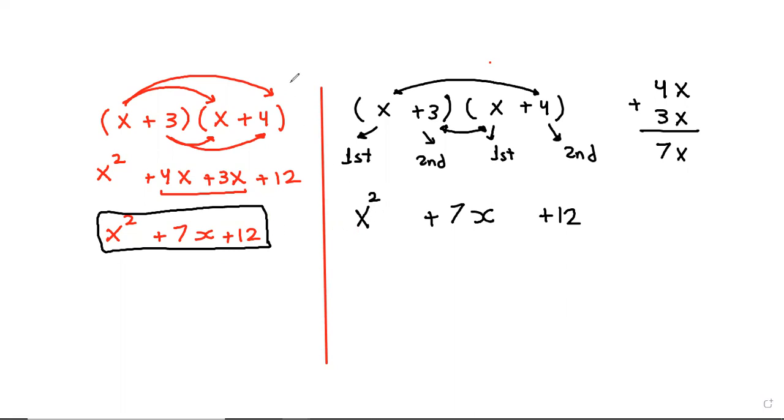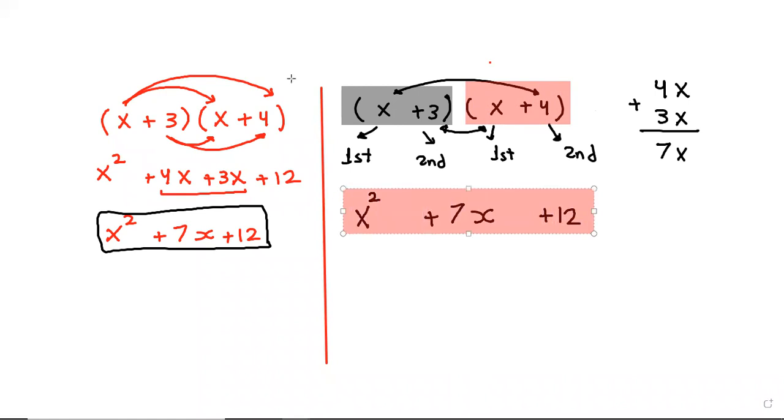So let's analyze it. We have here x + 3, there are two terms here, multiplied by x + 4, there are two terms here. And we have got 3 terms after multiplying them. Okay.